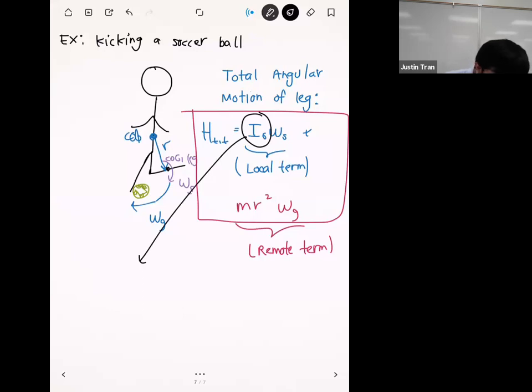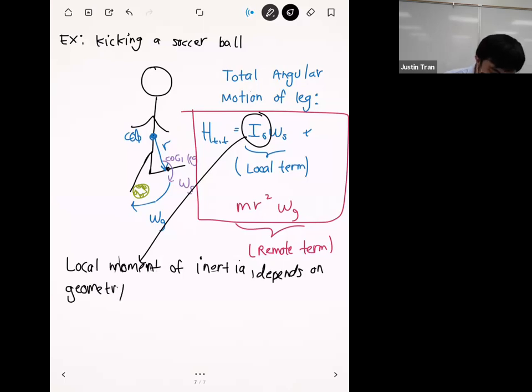And so this right here is the local moment of inertia, which depends on geometry. But for most of the segments of the human body that we're interested in, a lot of times our arms and our legs, most of the time we just assume this to be a uniform rod, which we'll cover later.